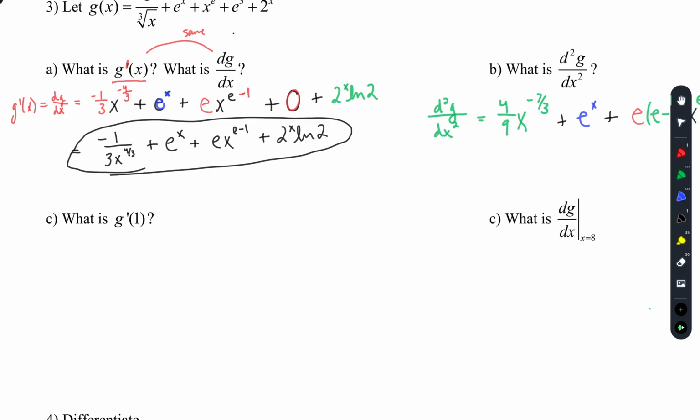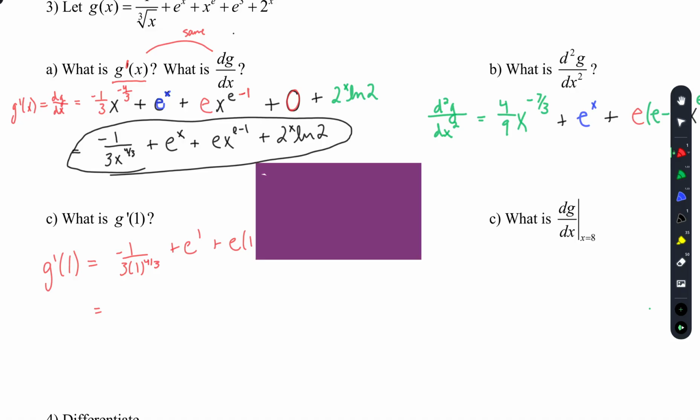Okay, if you had to find g prime of 1, we'll just do this first one. You're just throwing the 1 into the derivative, just like how you do normal function notation. So you're going to throw in the 1. That's kind of ugly, isn't it?